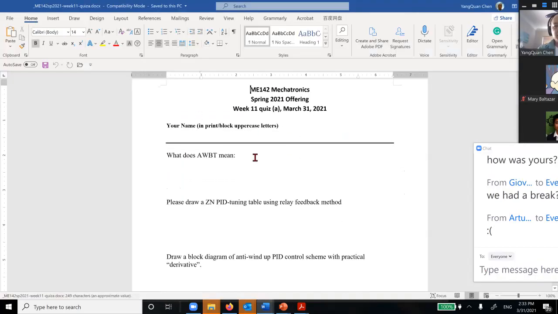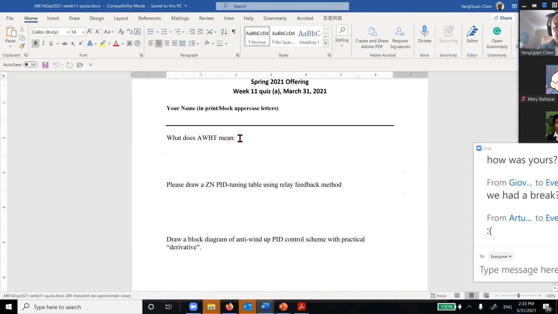So what we are going to check with you about is AWBT, anti-wind up and bumpless transfer. Then we talk about the PID tuning table using a relay feedback method. So then you should put a table there.